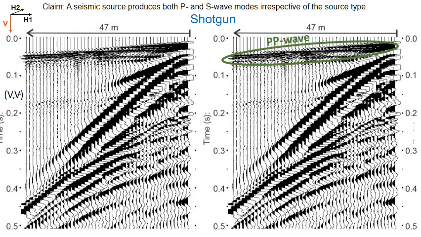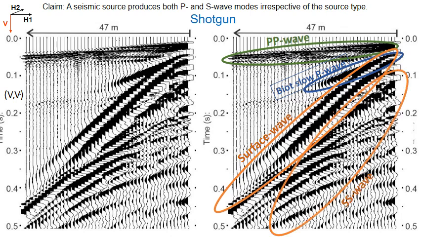First, the PP compressive waves arriving early in the record, then the Biot slow P wave, rarely recognized but visible in this good quality record, followed by the low frequency surface wave. Then we can observe shear SS waves, hyperbolic reflections, and SP waves, conversion from shear to P wave.